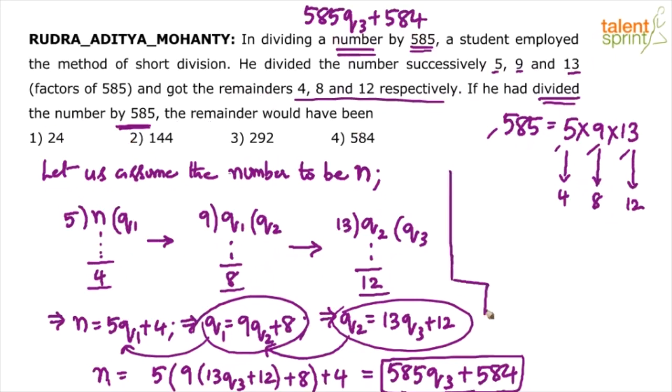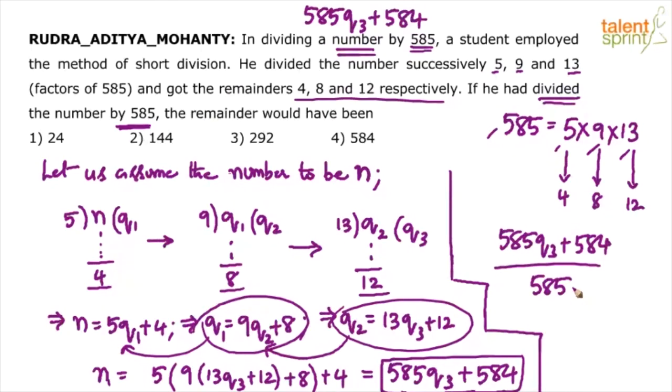Do I have to explain what the remainder will be? The remainder will be 584, obviously, because the first part of this number is divisible by 585. 585 gets cancelled, 584 is left out, so that 584 is the remainder. So option 4 is the answer.